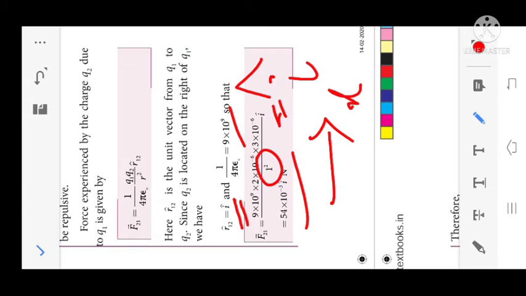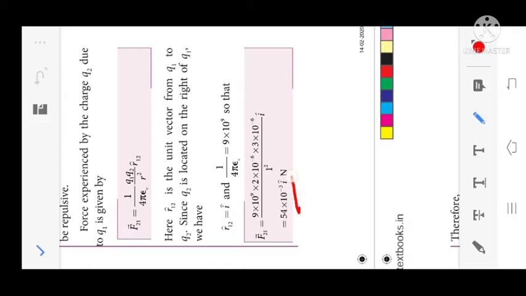Now this i cap is used to find the direction of the F21 vector. As I said, F21 is along the direction of R12 cap, and R12 is along the direction of i cap. That's why here I use i cap.